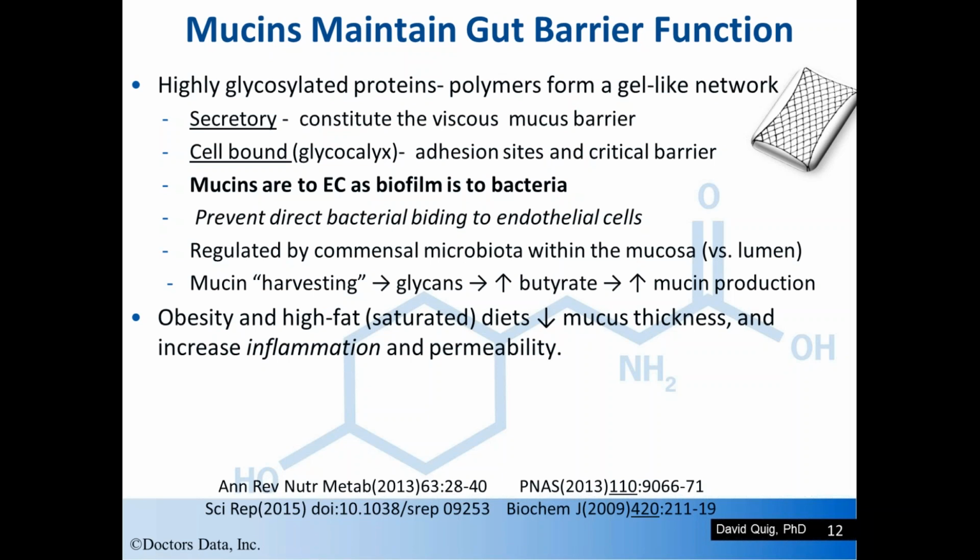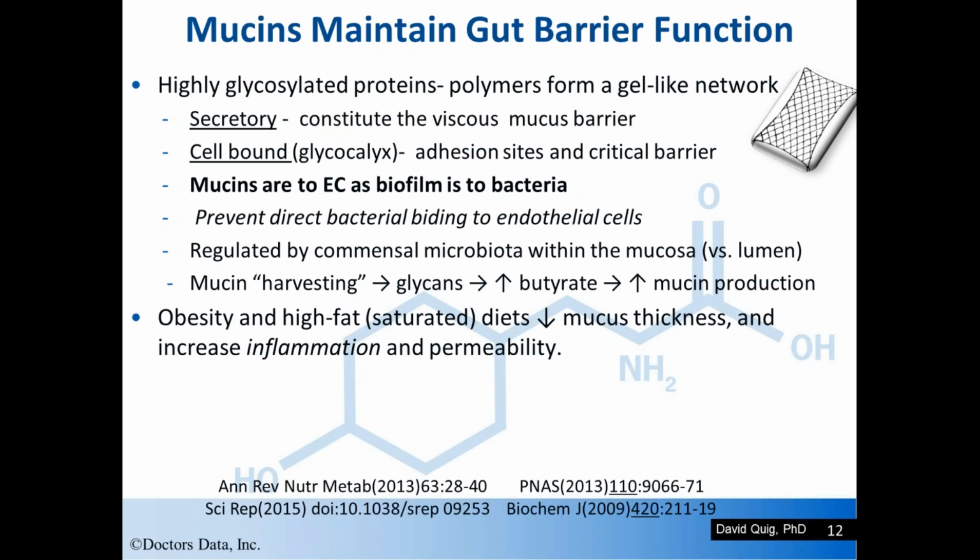Now, as far as mucins go, we have secretory mucins that constitute the viscous mucus barrier, and also cell-bound non-secretory mucins that form the glycocalyx. That glycocalyx has a very important role as adhesion sites for the binding of bacteria, as well as being a critical barrier for protecting the underlying endothelial cells.